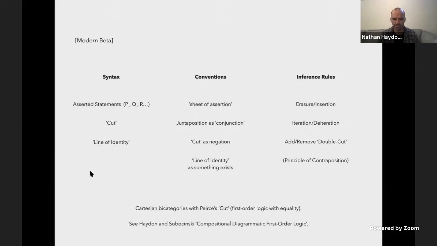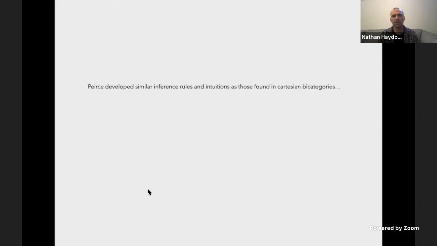You can see this in the paper with Pavel and me, this connection to Cartesian bicategories. But the takeaway here is that Peirce developed similar inference rules and intuitions as those found in Cartesian bicategories. All of this came from his concern for developing a better logical notation and his concern for compositionality, having this identity and seeing relations like chemical compounds and molecules that you can combine.